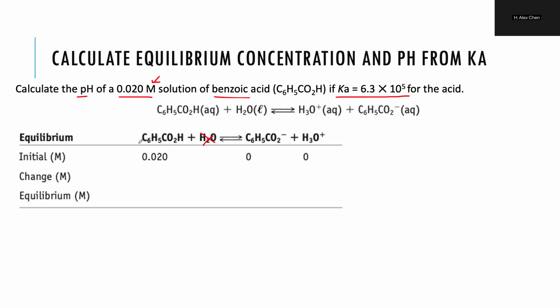Then the change is only related to the stoichiometric coefficients: 1, 1, 1. So pretty easy in this case. Reactants are always negative. Products are always positive because products are produced and reactants are consumed.